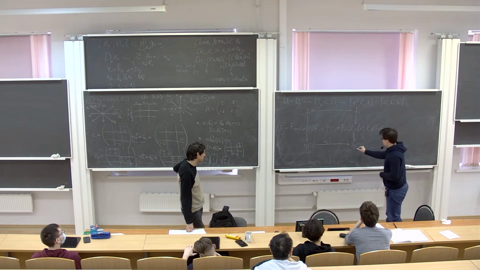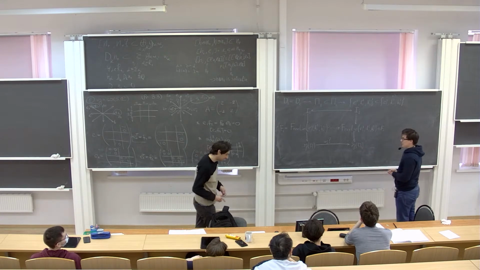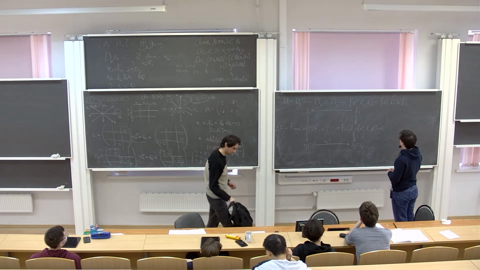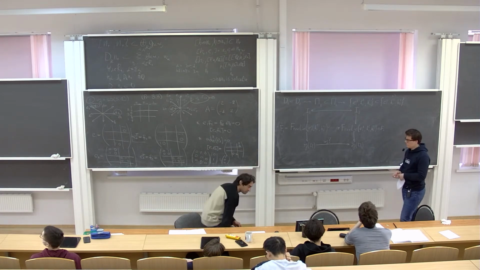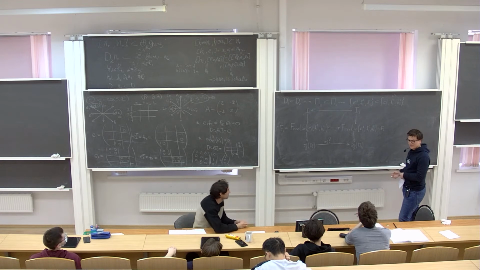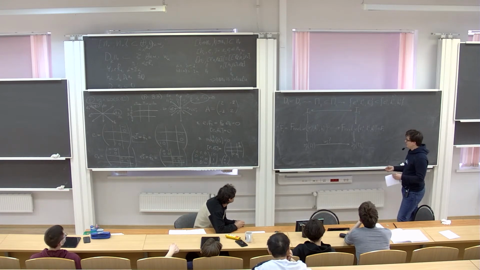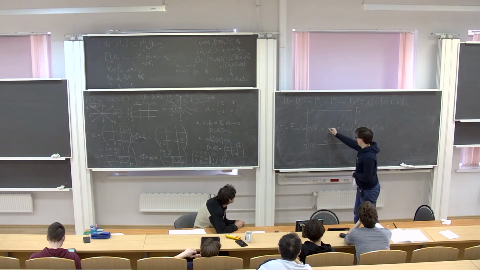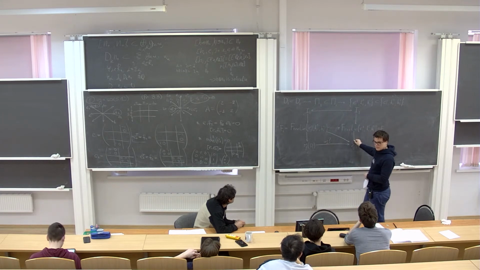Okay, we know that this map is a semi-simple algebra. We have the diagonal map, which is the composition of this and this, and this ideal.